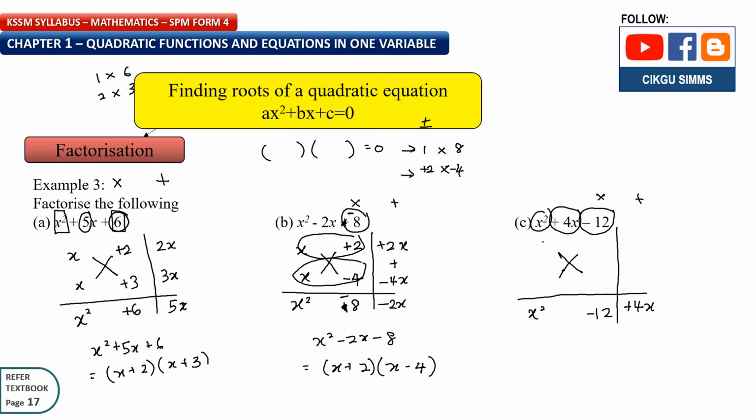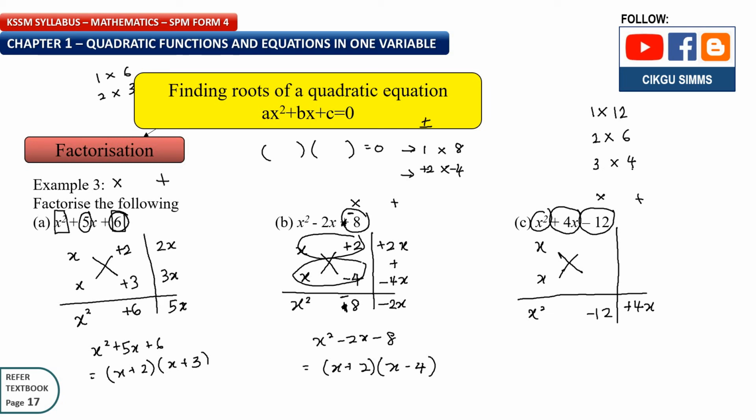First is easy, x times x, you get x squared. And then here we need to choose a number. So what number to choose? You need to see the possible combinations. 1 times 12, 2 times 6, 3 times 4. Right? Okay, so we have 3 possibilities.